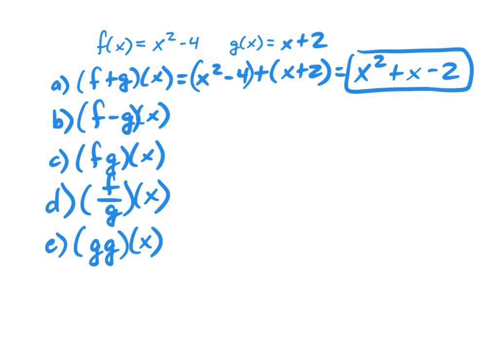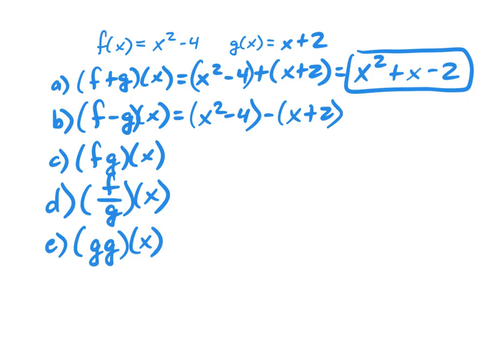Okay, f minus g. Here's one of the main reasons why I like putting this in parentheses. If we don't put this in parentheses, typically we're going to miss this problem. Okay, and I'll show you the biggest mistake that people make. If we don't write it out with parentheses, then we're going to miss the biggest thing that's happening here.